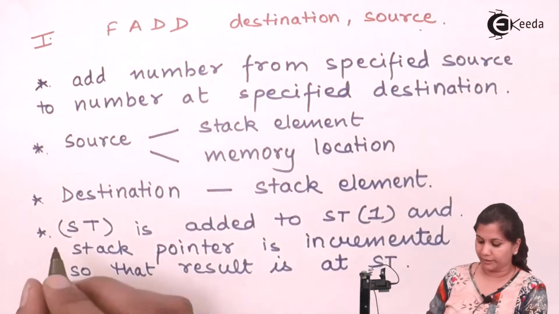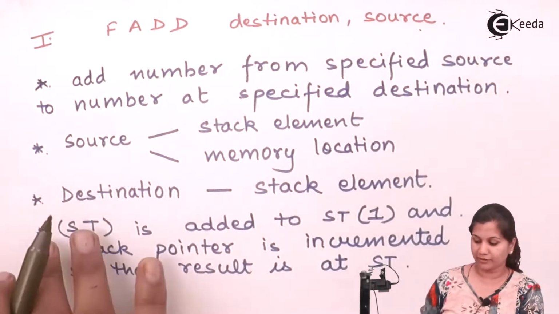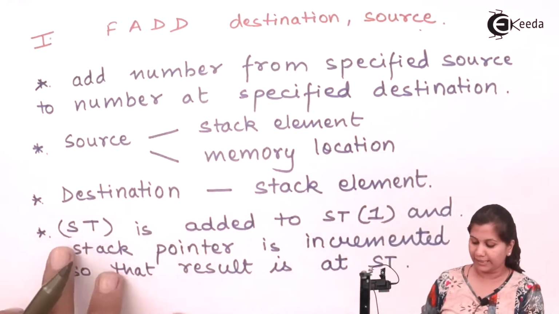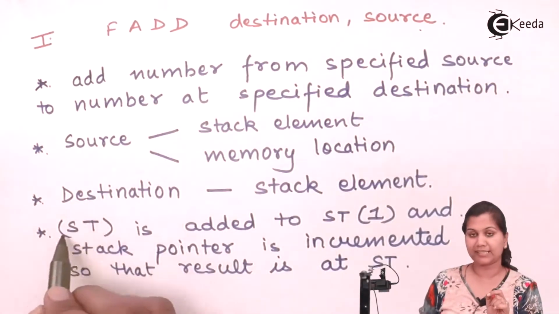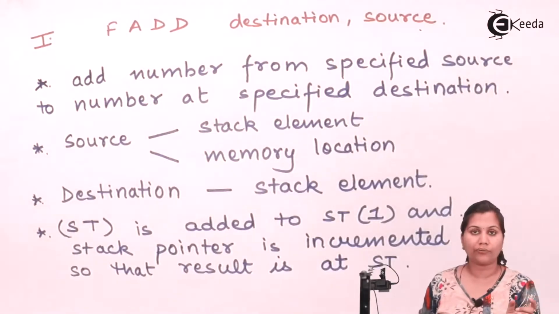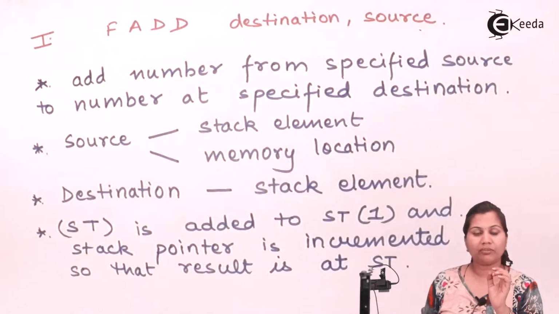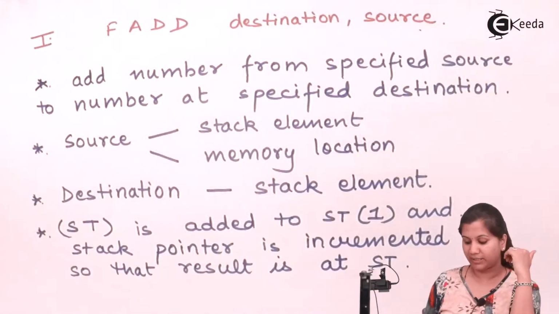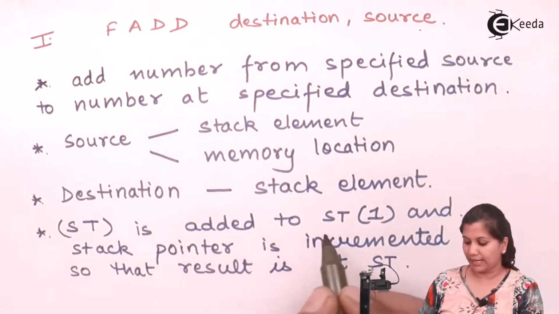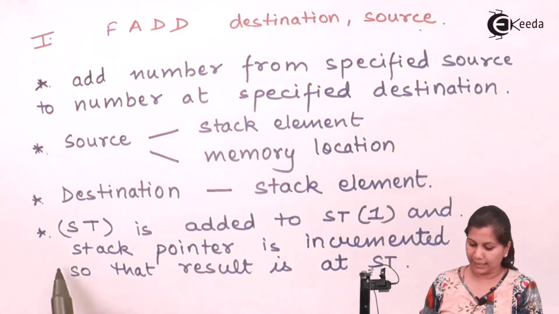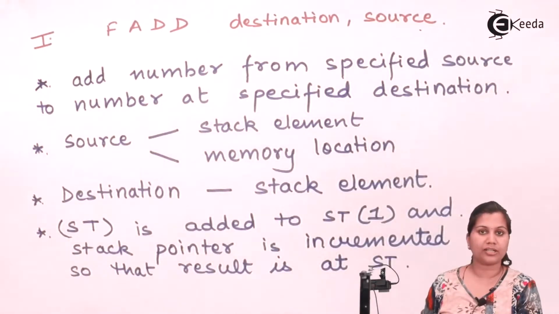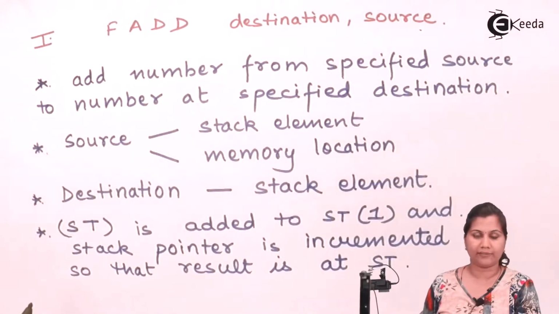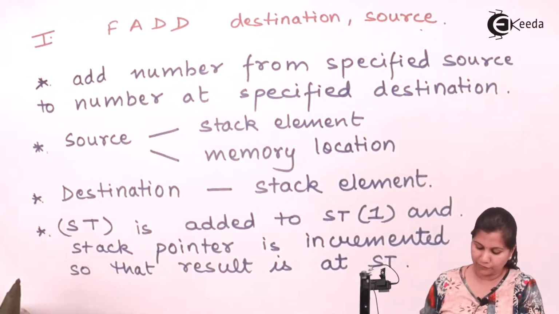So in this case, if the source and destination are not specified in the instruction, then st, that is the top of the stack, is specified in the st bit in the status register of 8087. So from there we will know which register is the top of the stack. That register is added to st1 and the stack pointer is incremented, so that the result is at st. So this is how this instruction is executed by 8087. Now let's see some examples of this.